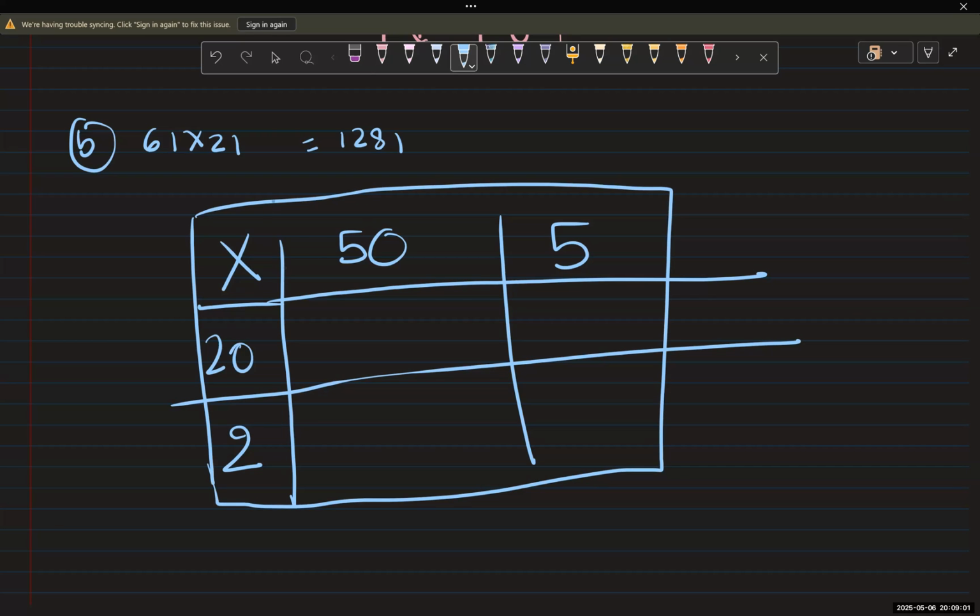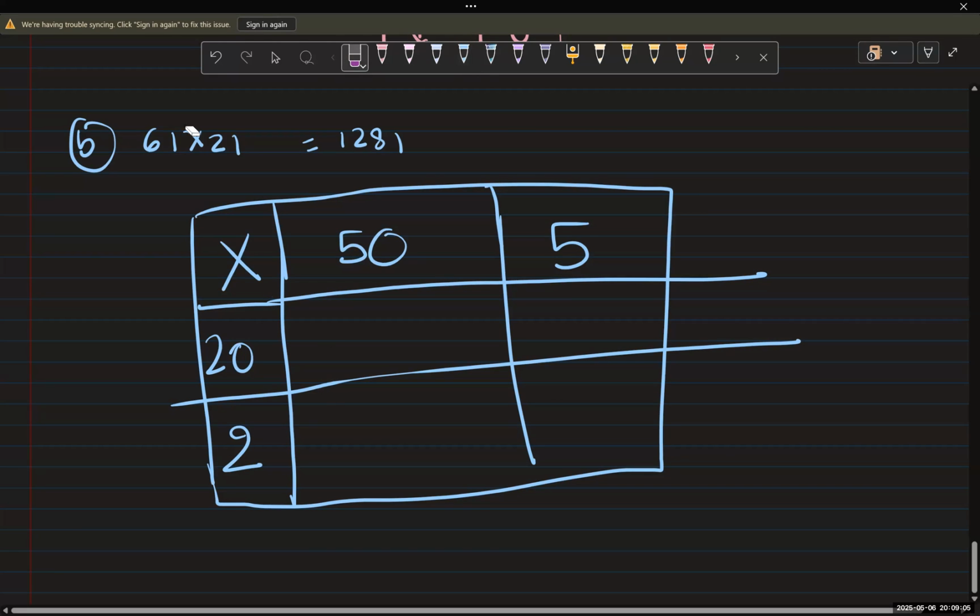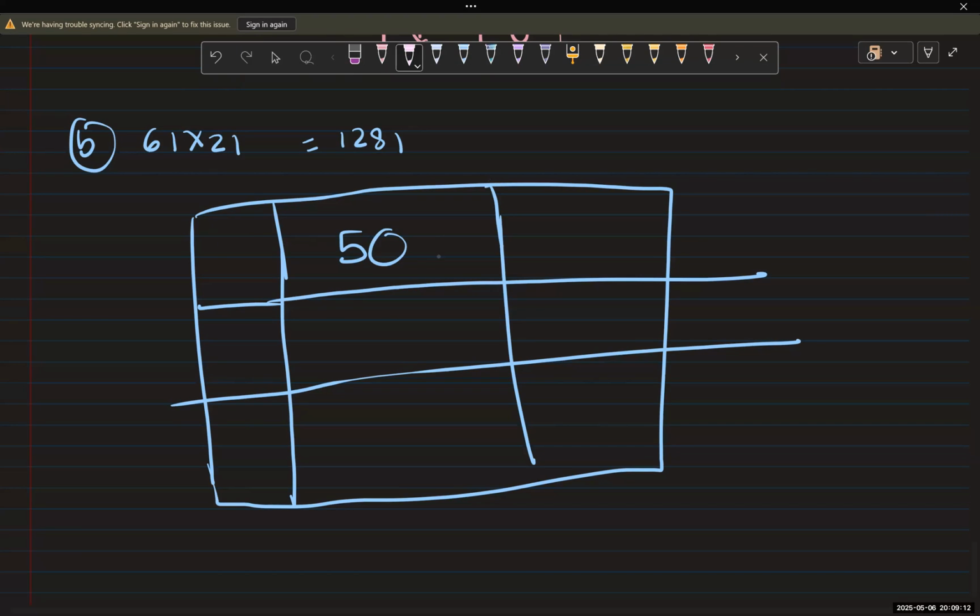So now remember one thing. If we are going down, let's just remove all these boxes, all these numbers. There's just 50 left, right? So if we go down like this, if I have to write a number again in this box, I will write 50 only. And again in the next box, I will write 50. Just one number when we are multiplying.